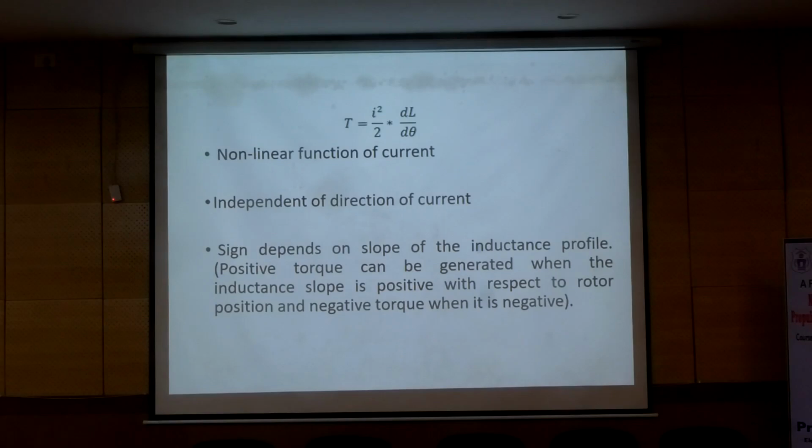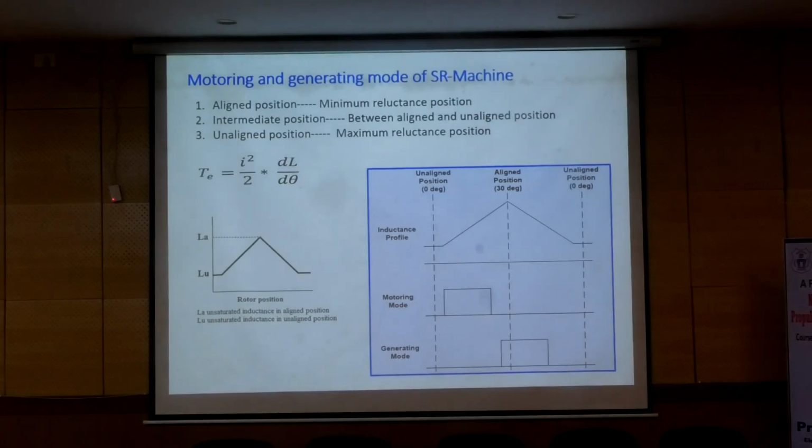This describes the motor operation and the generator operation. If the slope of the inductance is positive, then it is motor operation. If it is negative, then it is generating operation.